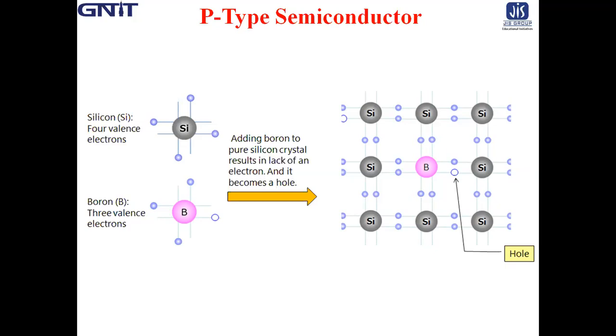Naturally boron has 3 electrons, so one hole is generated, and that hole is generally thermally excited to break another covalent bond. So naturally the number of holes generated is more than the number of electrons in a P-type semiconductor. So that's all about P-type and N-type extrinsic semiconductors.